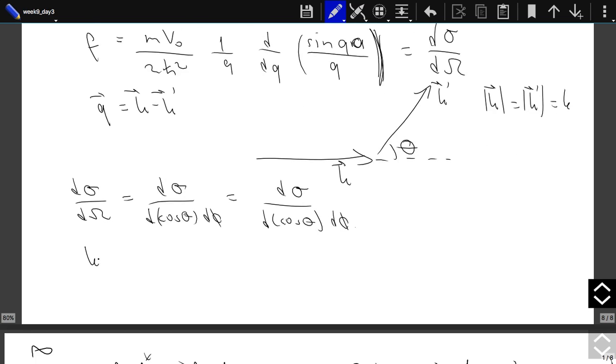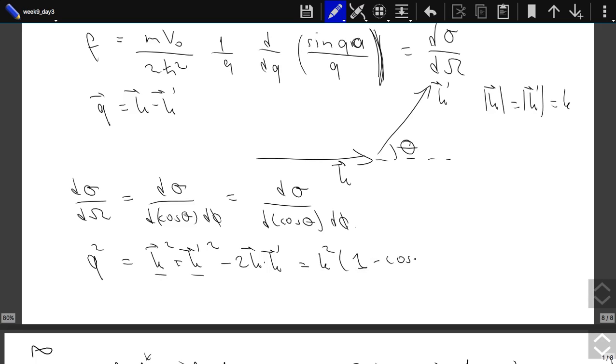Now let's look at q squared. q squared is k squared plus k prime squared minus 2k dot k prime. Both of these are just k squared, so this is equal to k squared times (1 minus cosine theta).